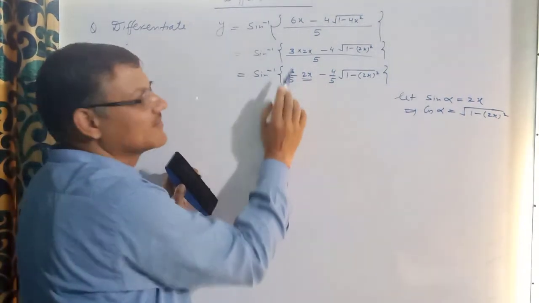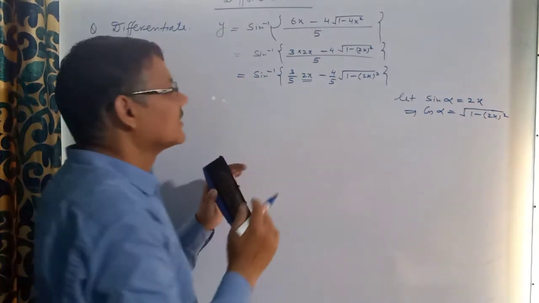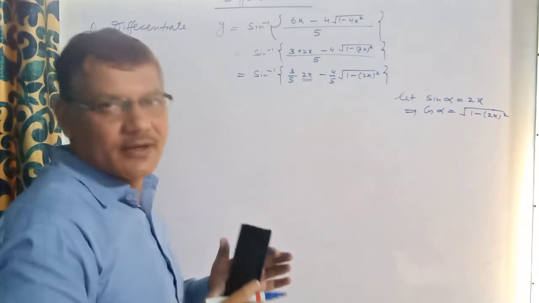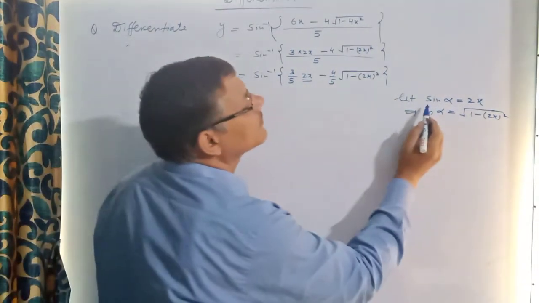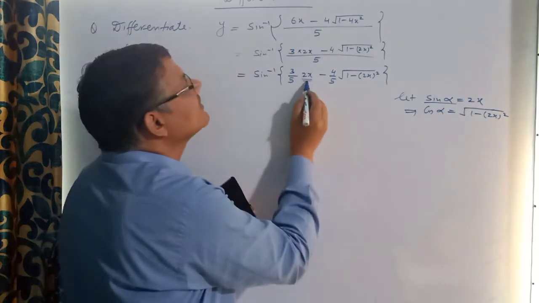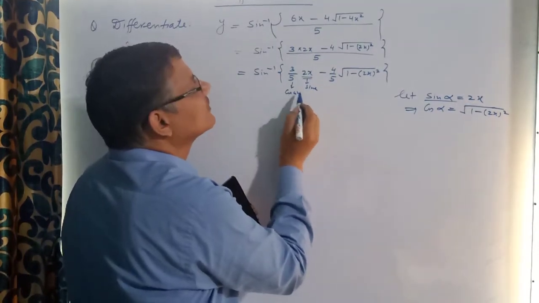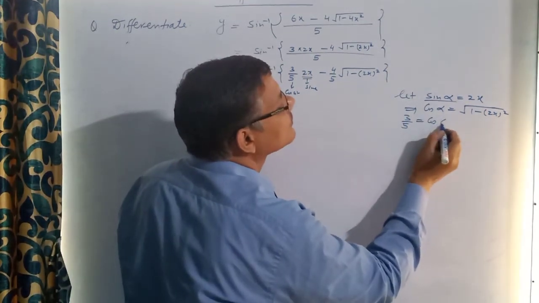That is, due to this I separate here 2x and 3. Now 3 by 5, since sine of theta minus or plus alpha is equal to sine theta into cos alpha. So that's why when one is converted into sine, then the other must be converted into cosine. So we take, let 3 by 5 is equal to cos theta.